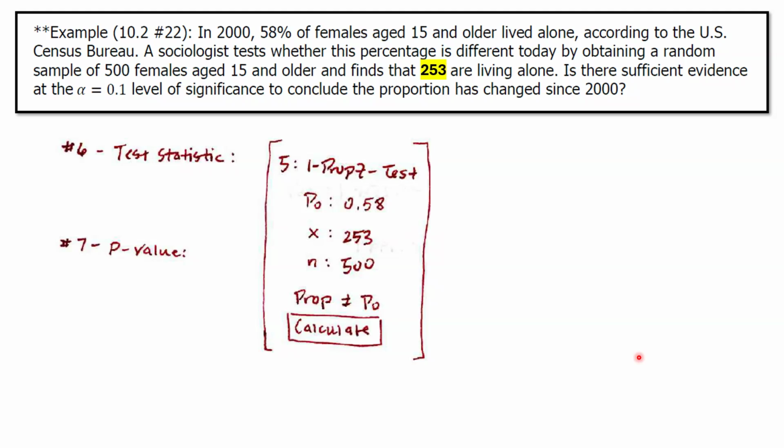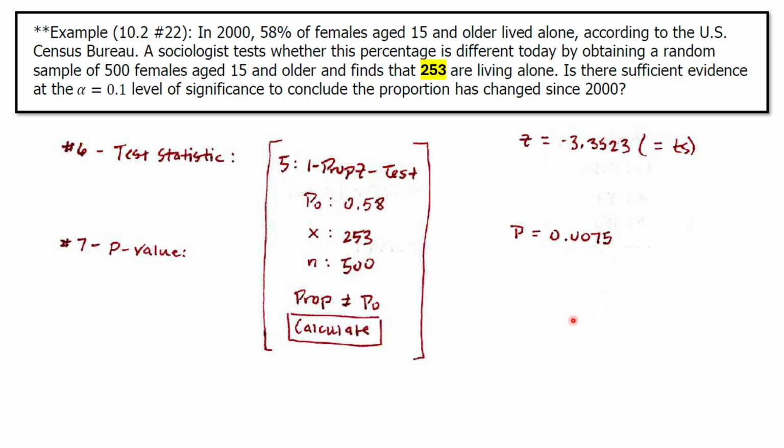X is 253. N is 500. And then we are testing whether p naught equals our proportion. And then we'll select calculate. From there, we will get our test statistic, which is negative 3.3523, and our p-value 0.0075.